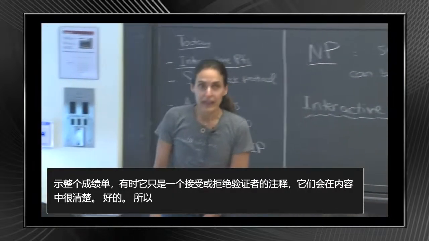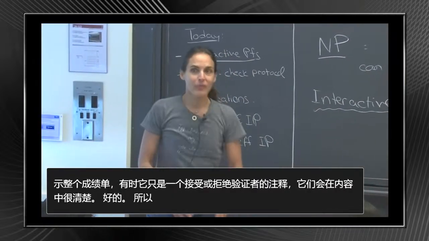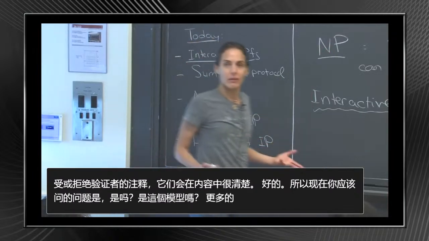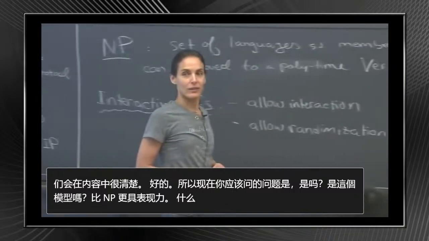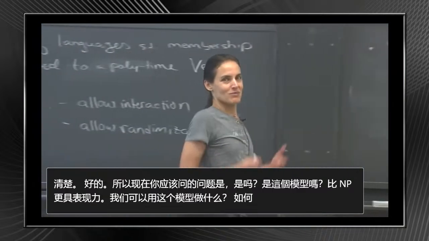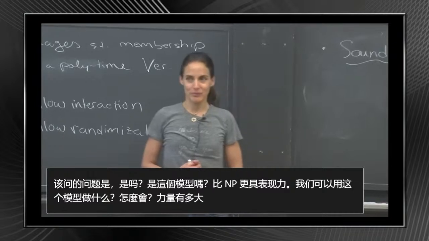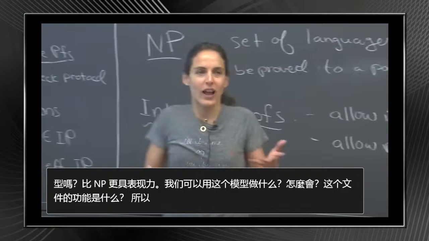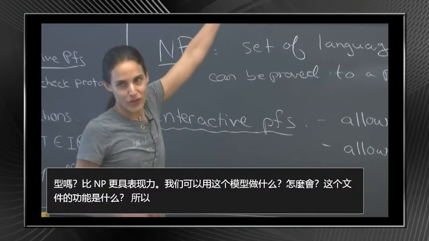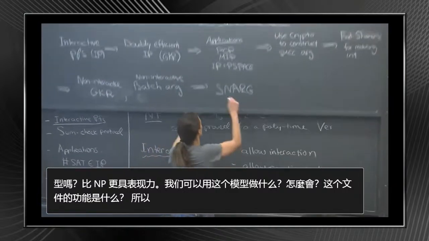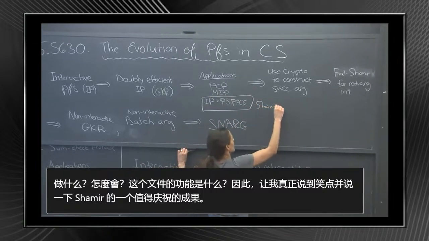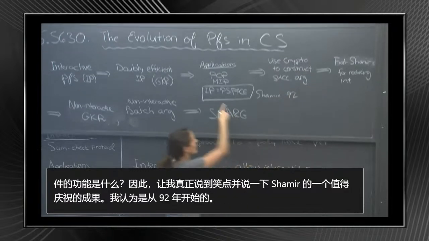Okay, so now the question you should ask is, is this model more expressive than NP? What can we do with this model? What's the power of this model? Let me go to the punchline and say there's a celebrated result by Shamir from '92, I believe.